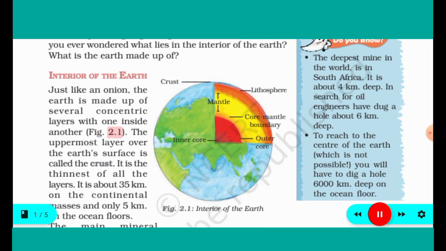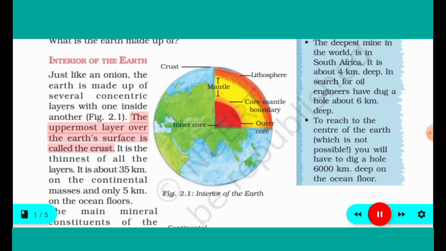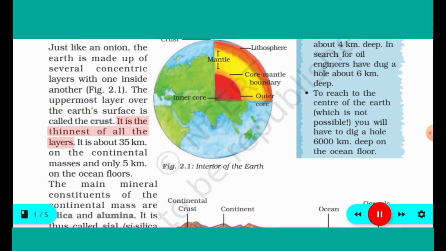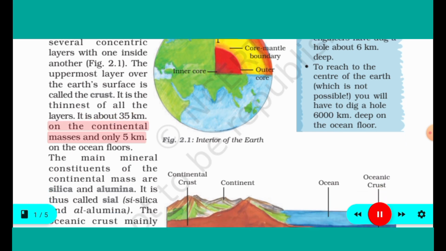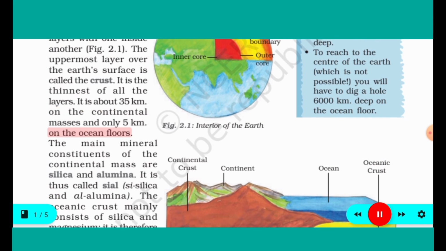2.1. The uppermost layer over the Earth's surface is called the crust. It is the thinnest of all the layers. It is about 35 kilometers on the continental masses and only 5 kilometers on the ocean floors.